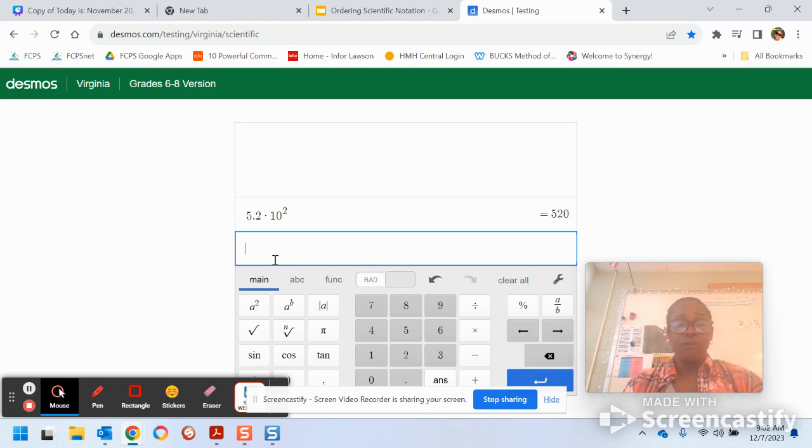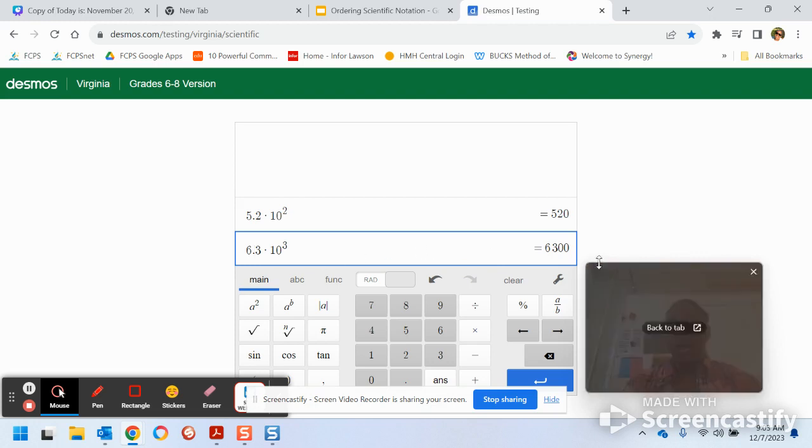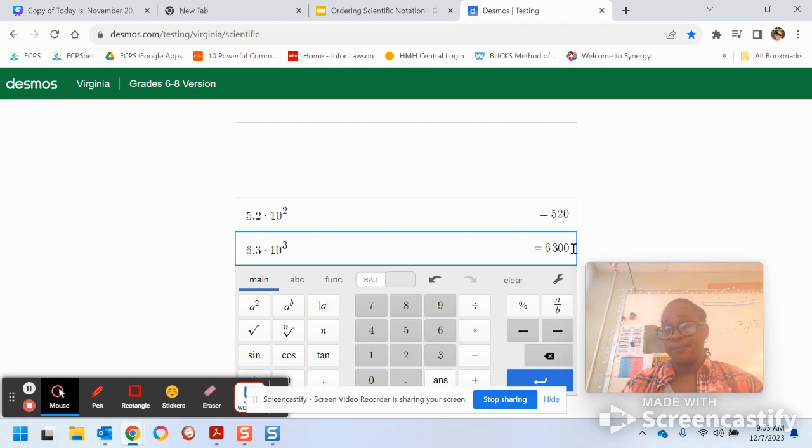If I had another one, 6.3 times 10 to the third power, we would get 6,300. If we were to compare these two numbers, which one would be the largest number? So I would choose 6,300.